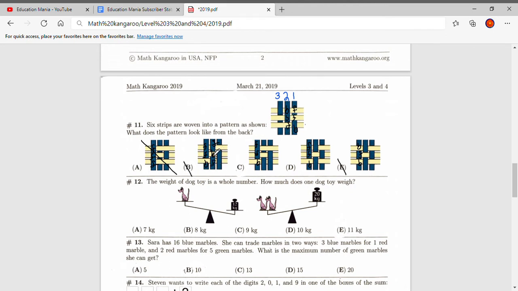Here it's front, back, front. Now C. C is back, back, front, so it matches. D is back, front, back. So D has the same thing as B, so D won't work, meaning we're left with C.